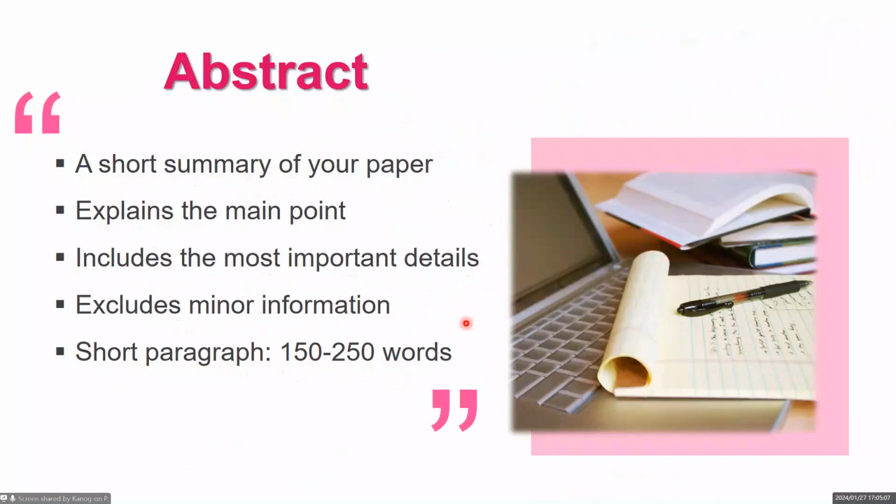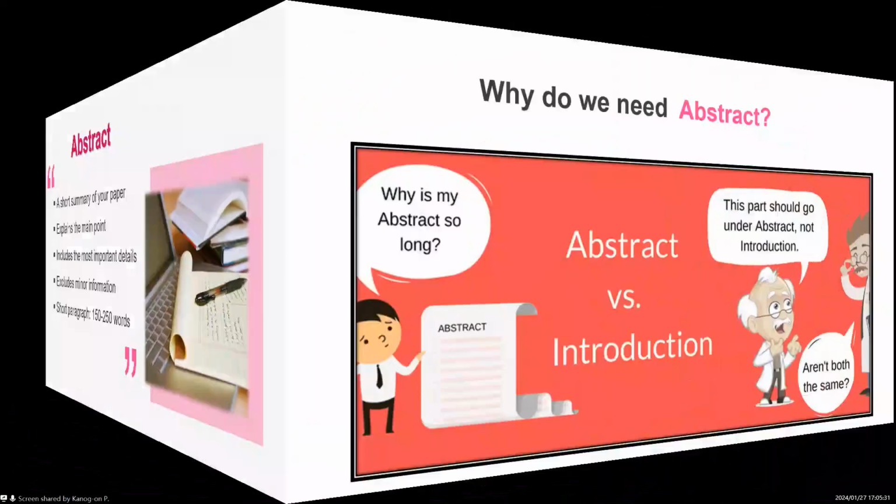That's why you need to write an abstract in a short paragraph with the most important things of your paper. So for today, I will give you some tips that might help you find what is in your research paper, and then you just take it and put it in your abstract.